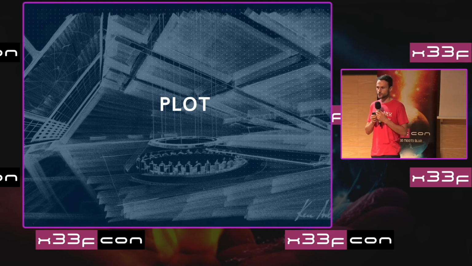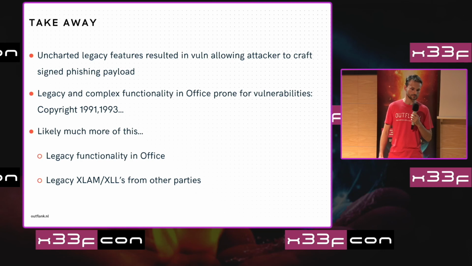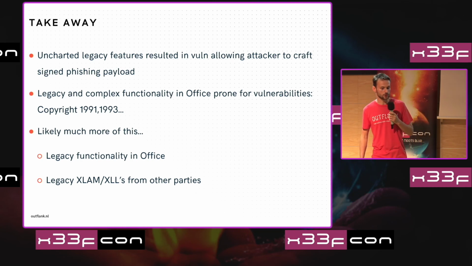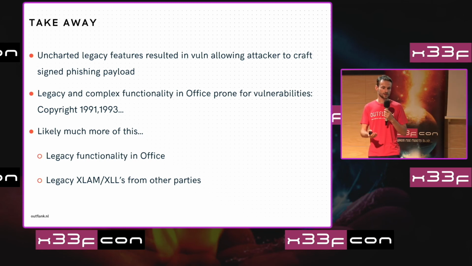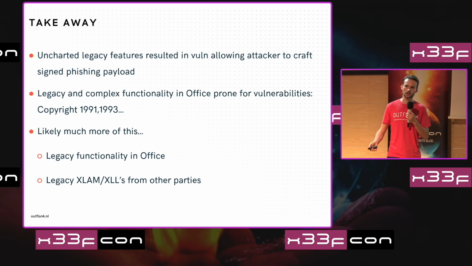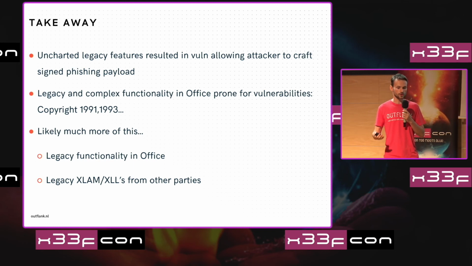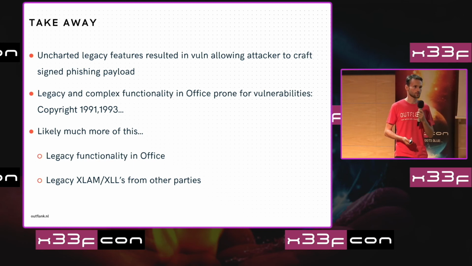Let's wrap it up with the main takeaways from this talk. We accomplished to explore some of the uncharted legacy features of Excel. These resulted in a vulnerability that allowed an attacker to craft signed phishing payloads, where users would see that it would be signed by Microsoft or no warning at all.